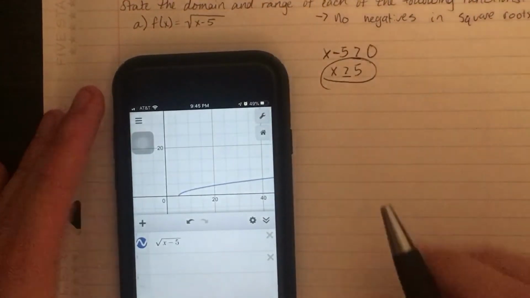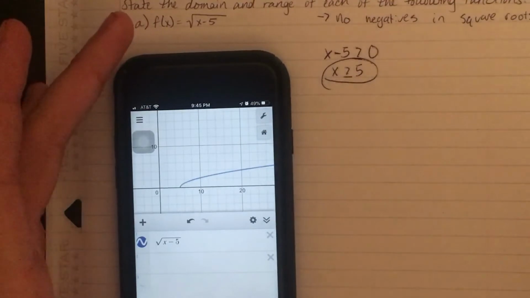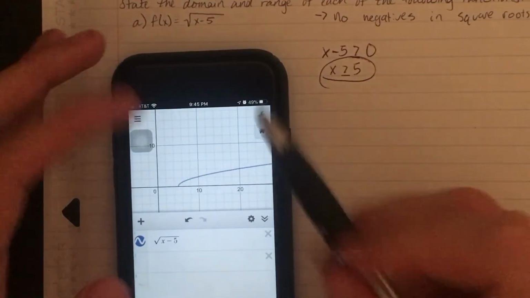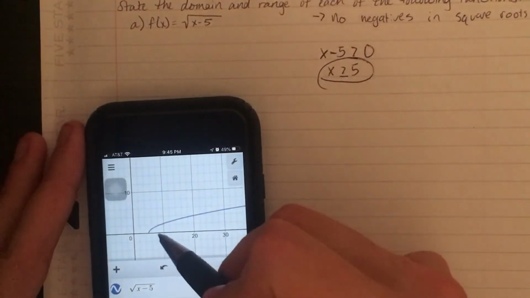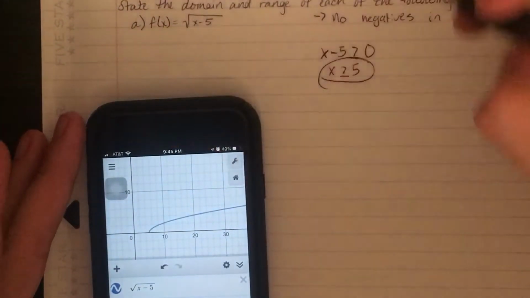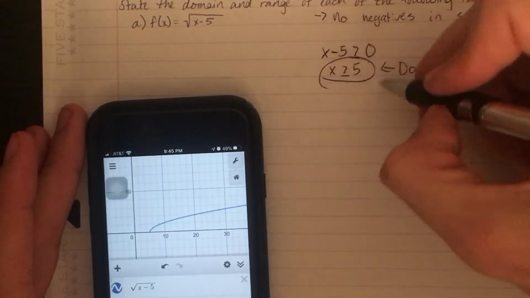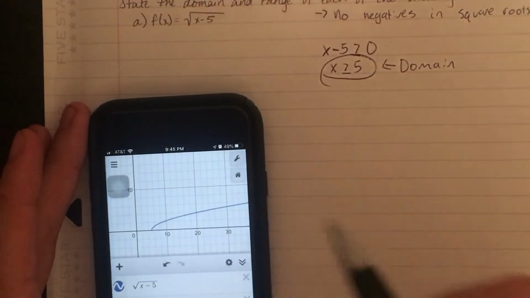So you can kind of see here. It crosses at 5 and for the domain, it goes from 5 all the way to the right. And for the range of this graph, it's going to start at the y value of 0. So this is our domain right here. And then our range is going to go from 0, and it's just going to keep going upward.